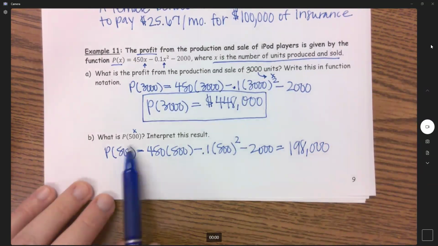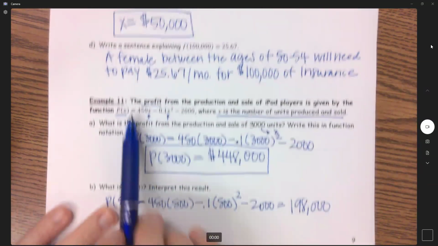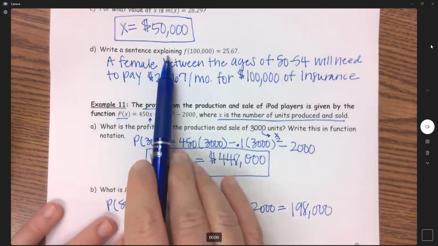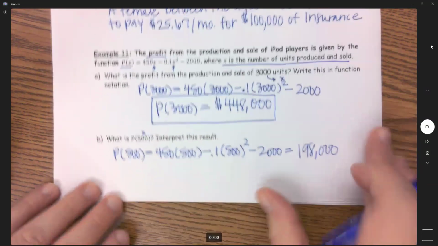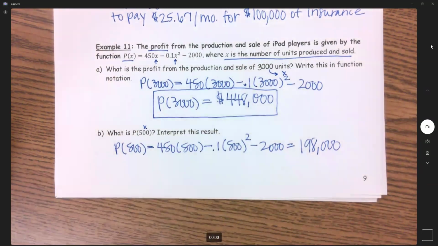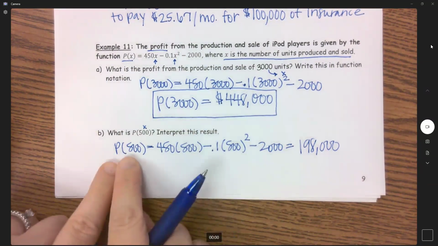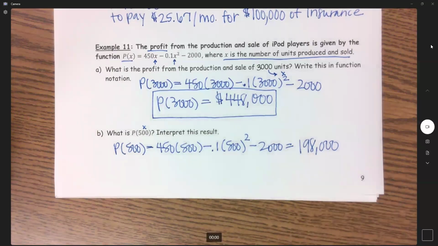Okay, so interpret these results. That is the same as saying write a sentence explaining. Pause the video again and think about what P of 500 equals 198,000 represents in the context of this problem.